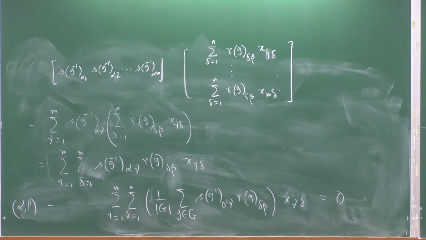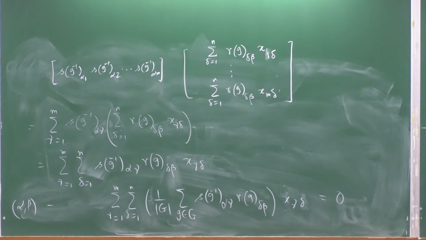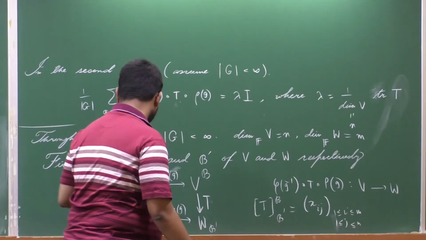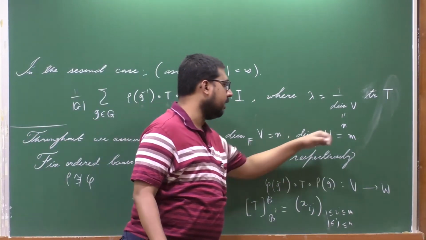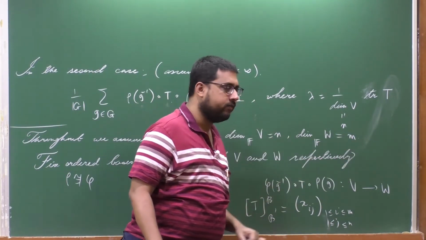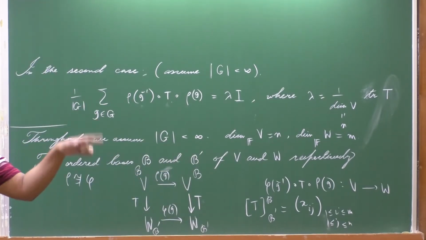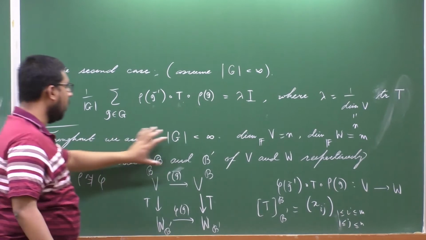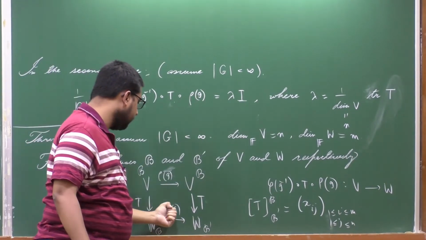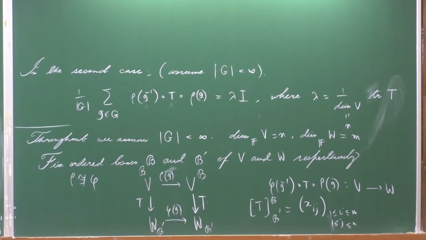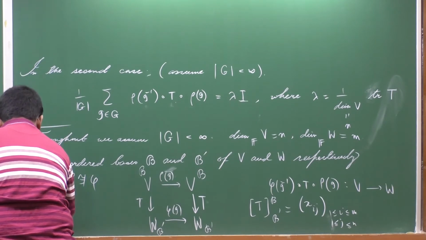Try to understand, this is very crucial: given this scenario, that is G is finite, two representations which are irreducible and non-isomorphic, with dimensions n and m, and also we fix ordered bases beta and beta prime. Given all this, whatever t you choose, this quantity is going to be 0, right, which I have just erased.